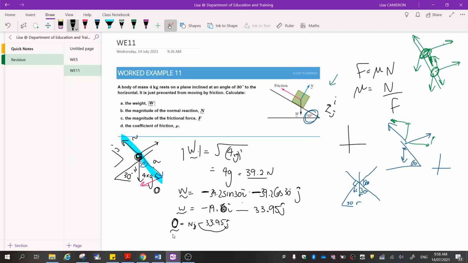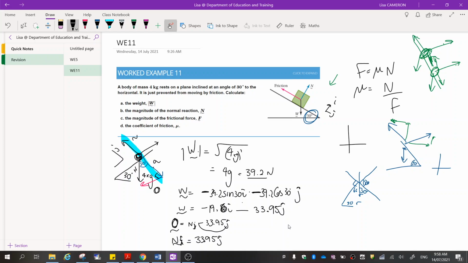Now I can take this to the other side and I'm left with the normal force equal to 33.95 J. Now, I can cut the J off this one because the N only has a J component. It doesn't have an I component. Otherwise, we'd have to resolve that one as well.